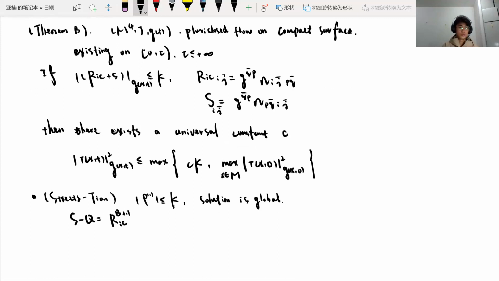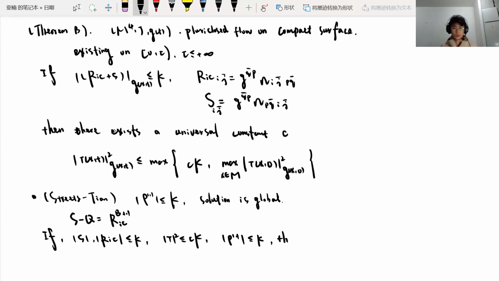So in dimension two, if those two Ricci are bounded, then from theorem B we know that this is also bounded, and we can obtain a one-one bound.